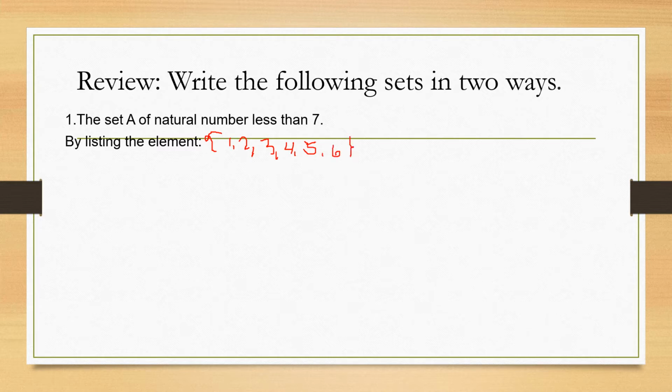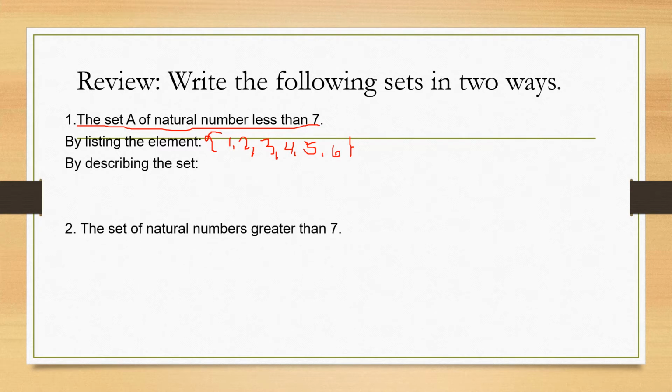By describing the set, you can say the set of natural numbers less than 7. So this one is describing. So that's the one.